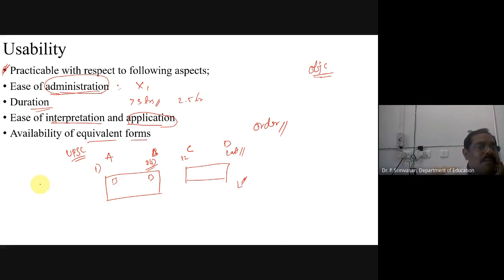Usability means practicability in four different domains: ease of administration, duration, interpretation, and availability of equivalent forms. So this is what usability is. If a test possesses all these four things, then we call that test a good test. Otherwise we cannot use those tests for TNPSC or UPSC or any public service examination, or for 10th standard or 12th standard. So all four are characteristics of a good test.